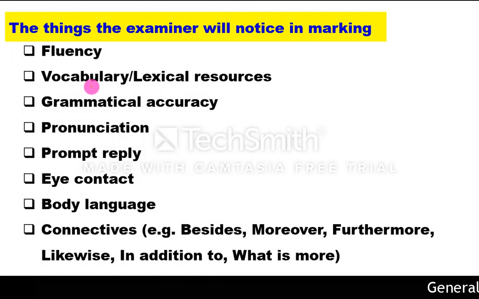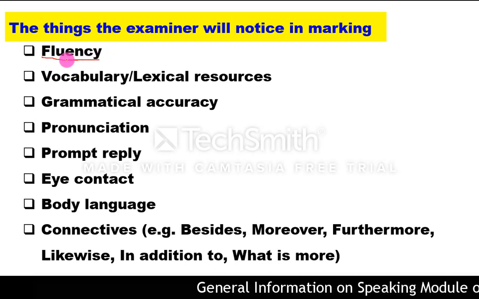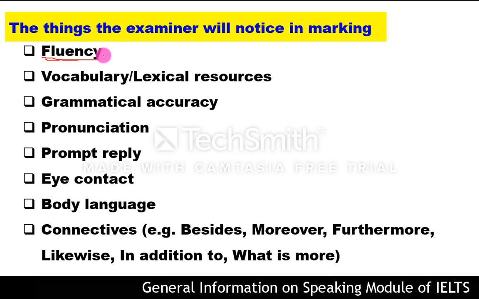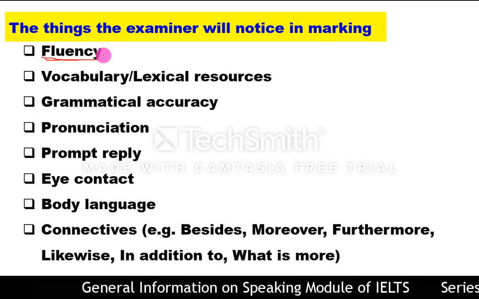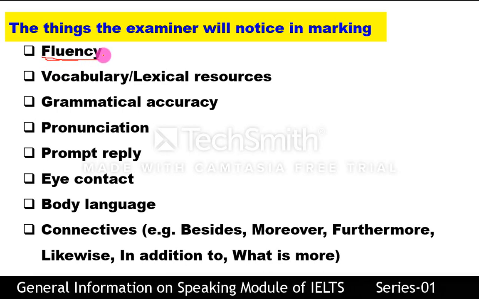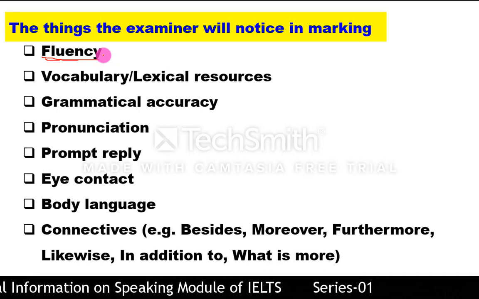Now, what sort of things will the examiner consider in the speaking module? Fluency. You have to have good fluency in your speaking. You have to speak in a natural way, with good fluency.